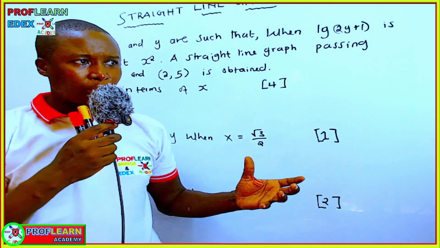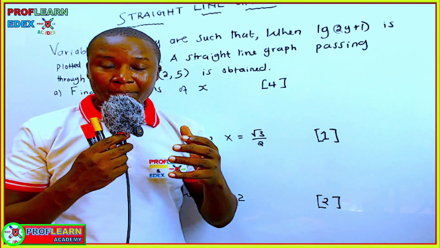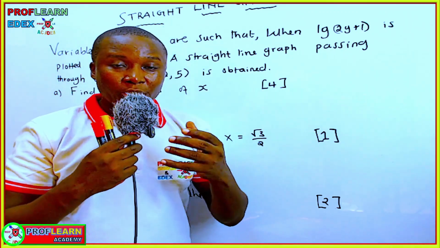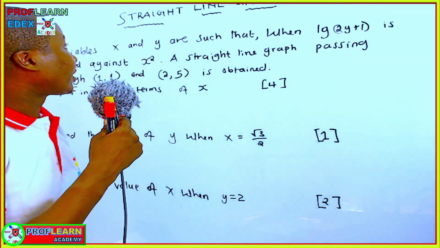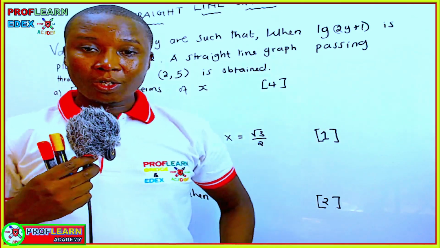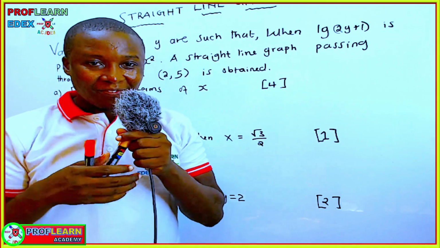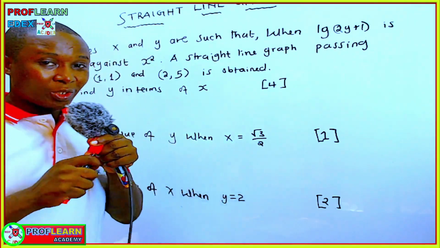In this particular video, we're going to see how you work out questions for additional math to do with equations of straight line graphs, questions that are tested in additional math. So we're going to have a candid discussion on how you are supposed to work out such questions.